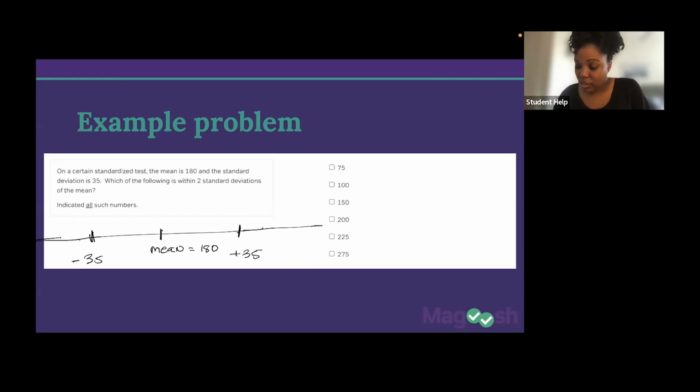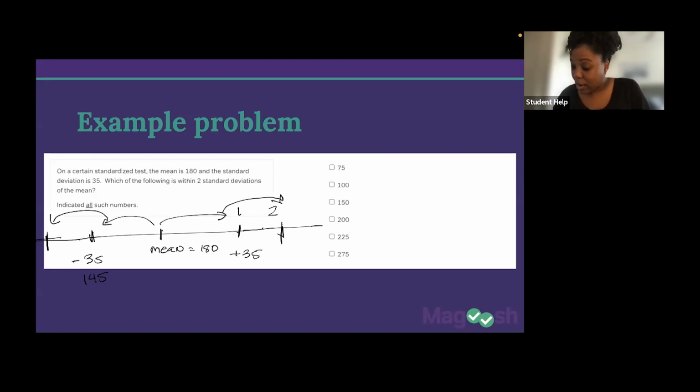Let's talk about it. So 2 standard deviations would be 1, 2, right? Spacing, 1 and 2, 1 and 2. 150, that's a good one, right? So when I take 180 and I subtract 35, what do I get? I get 145, right?